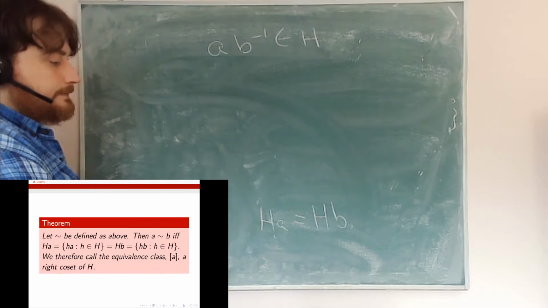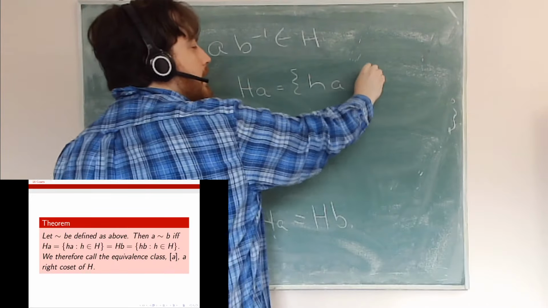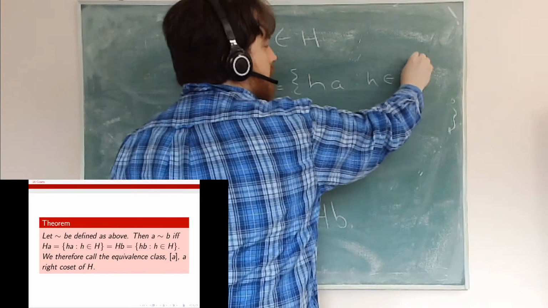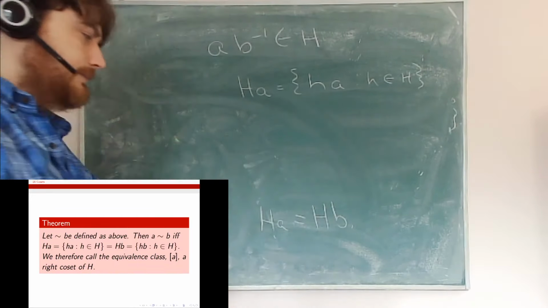All right. So now, if AB inverse is in H, let's just start with HA, the set of all elements of the form h times A such that h is in H. Does that make sense to everybody so far?